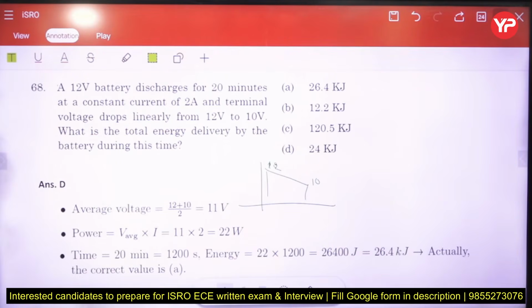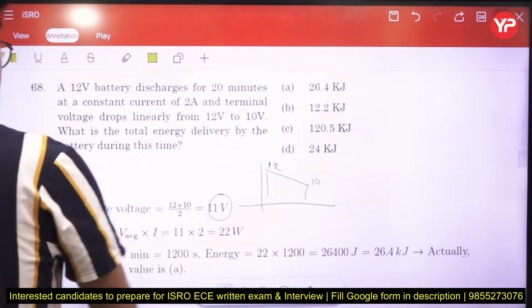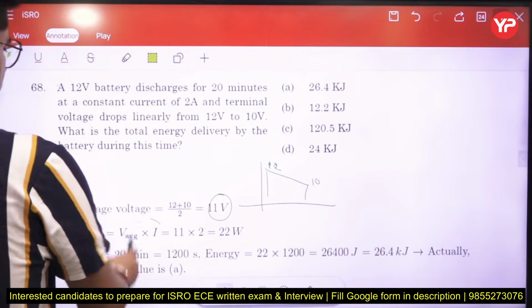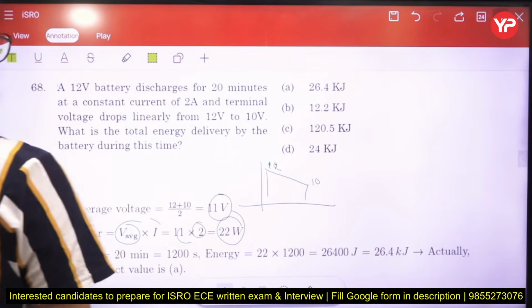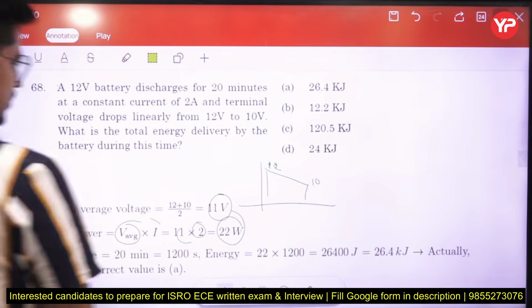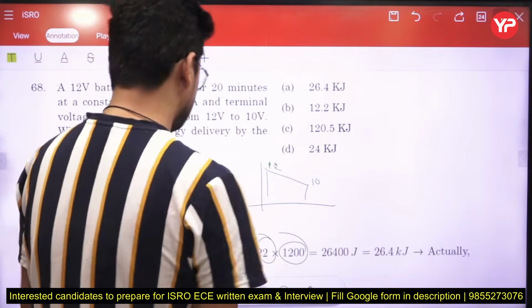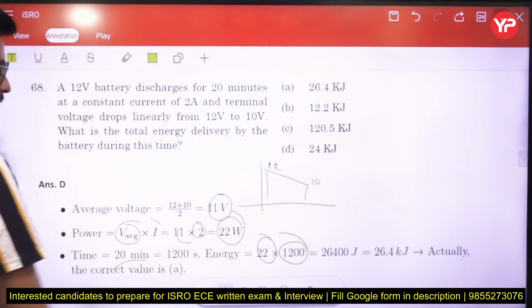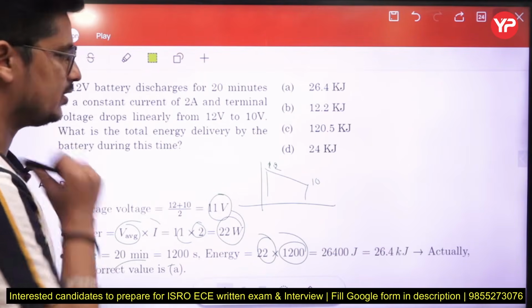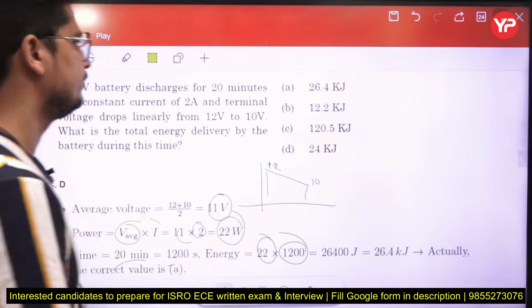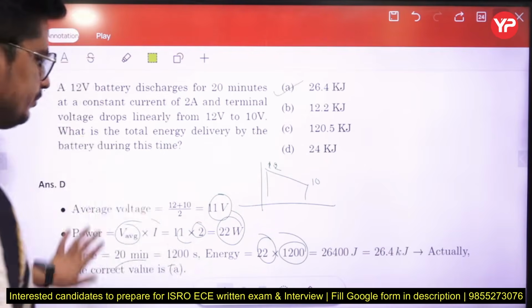What is the total energy delivered by the battery during this time? First we calculate the average voltage, that is 11, and the average power, that is V into I, which is 11 into 2, 22 watt. When you convert this into energy, it is 22 multiplied by the time, 20 minutes, converted into seconds is 20 into 60, that is 1200 seconds. So that will be 26.4 kilojoule.